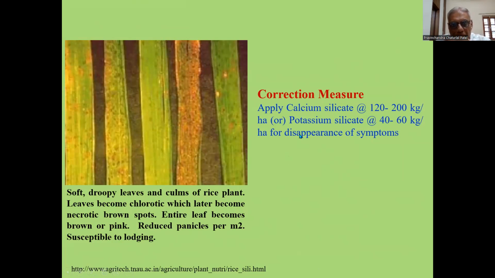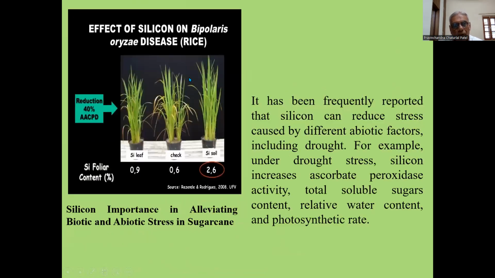So correction measure: apply calcium silicate at the rate of 120 to 200 kg per hectare, or potassium silicate at the rate of 40 to 60 kg per hectare, for disappearance of the symptoms in the plant. You should remember that rice and sugarcane crops require higher silica as compared to other crops, and both these crops are highly responsive when there is a deficiency of silica in the soil.